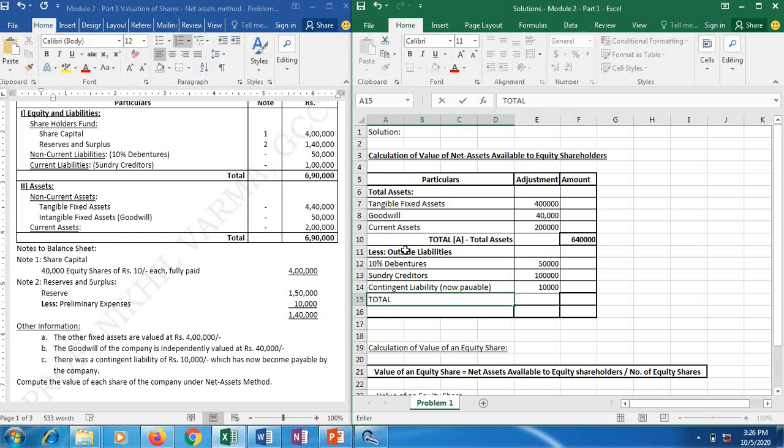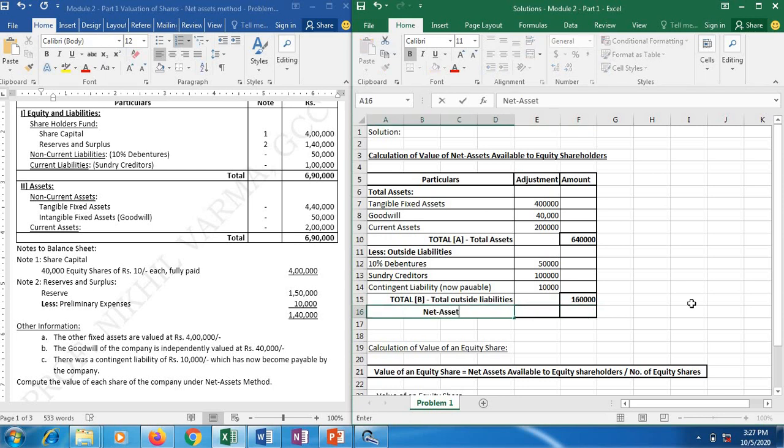This will be considered total of B or total outside liabilities. Let us do the total. This is 1,60,000.